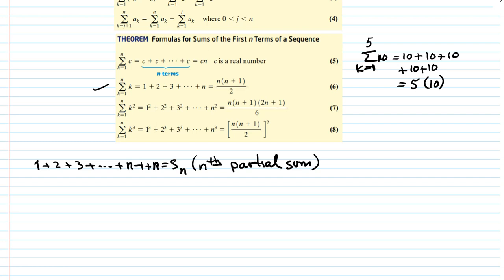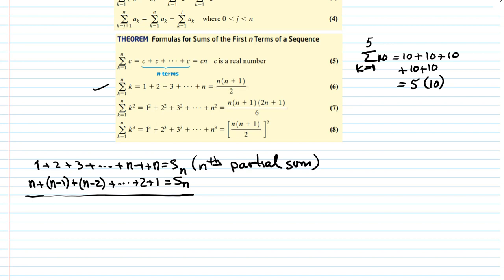Now, I wrote the series from left to right. Let's write the same series, this time from right to left. So I'm going to go n plus n minus 1. The next one would have been n minus 2, down to plus 2 plus 1, correct? All right, same series written backwards, so it's going to be the same sum, isn't it? And then let's add these two series together.